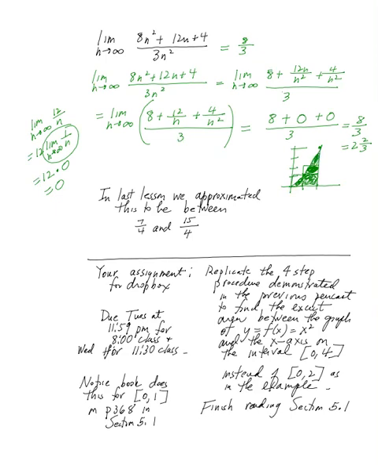And when we approximated, remember in the last lesson, when we approximated this exact area, we found it to be between 7/4, that was using left-hand endpoints, and 15/4 using right-hand endpoints. So where does 8/3 fit in between here? It had better. 8/3 is what?